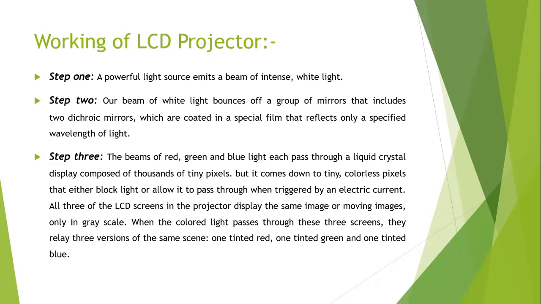In step 3, the beams of red, green, and blue light each pass through a liquid crystal display composed of thousands of tiny pixels. These are tiny colorless pixels that either block light or allow it to pass through when triggered by an electric current.